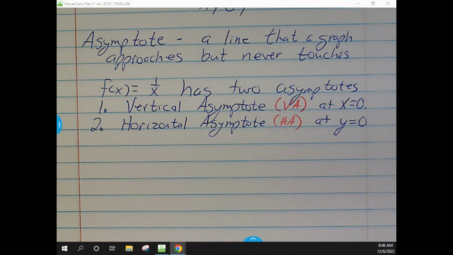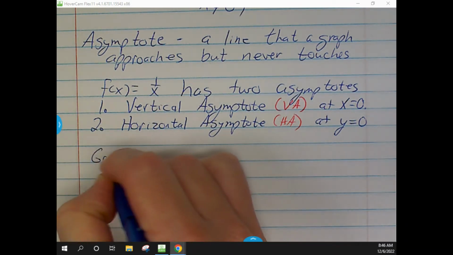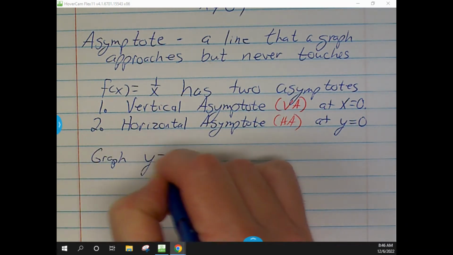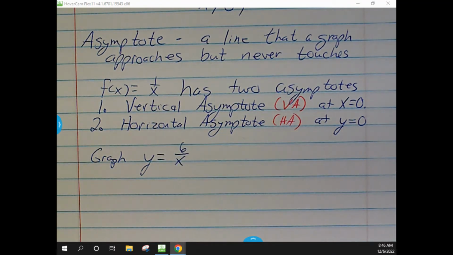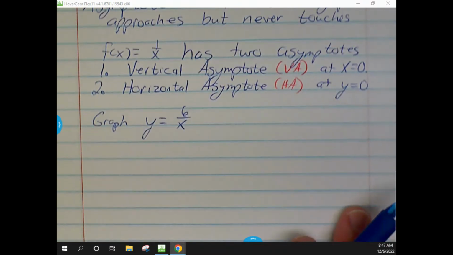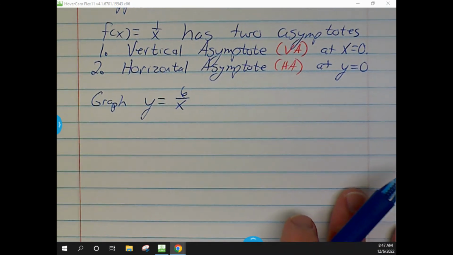So if we want to graph, let's say, y is equal to 6 over x, then whether it's 1 over x or 6 over x, it's going to be the same basic shape. Just the curve that we'll see in the graph will be a little bit different.